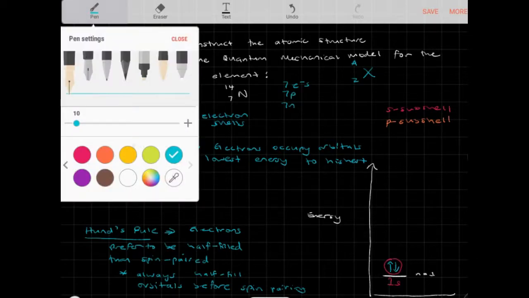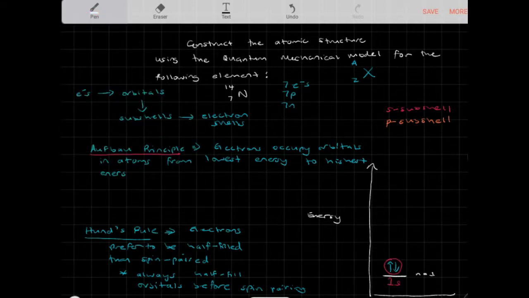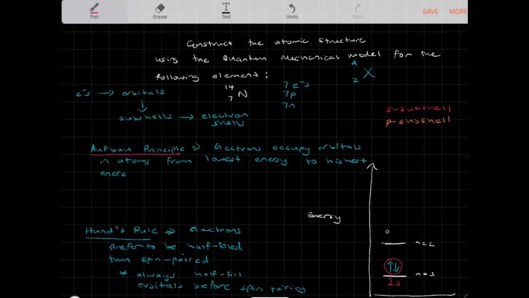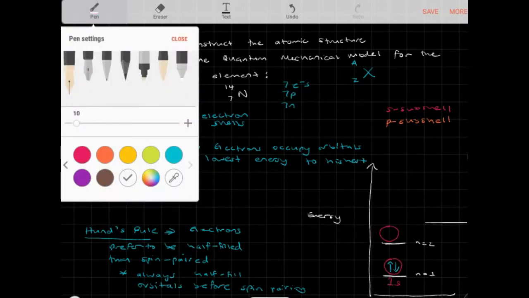Now between each of the energy levels, from the first energy level to the second energy level, there's going to be some kind of space, right? Using the grid system, I'm going to move up 2 spaces per shell. This is your second energy level, so let's say this is n is equal to 2, right? In the second shell, we should have an S subshell and a P subshell. So here's my S subshell, right? We should also have a P subshell, and the P subshell has 3 p orbitals.